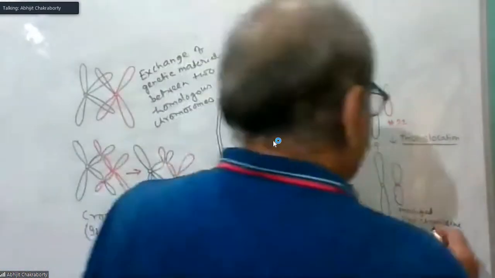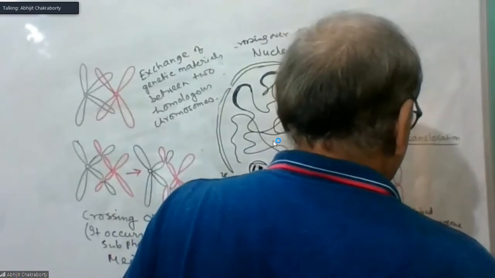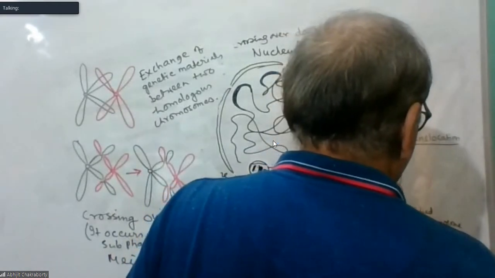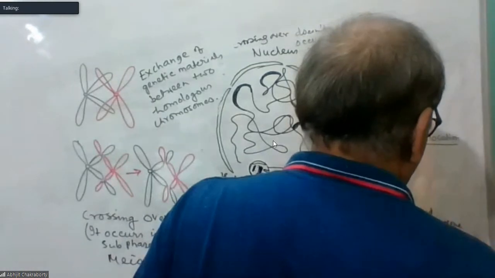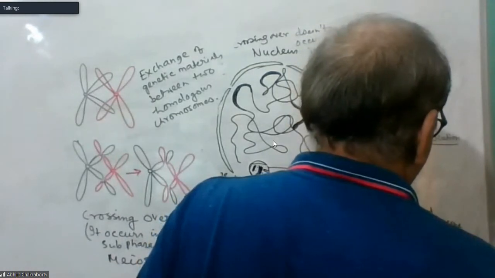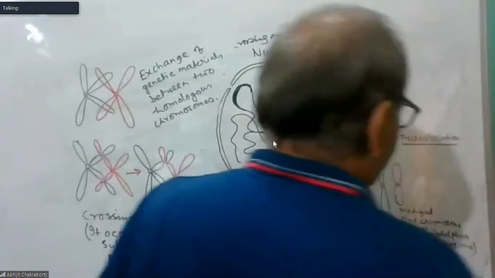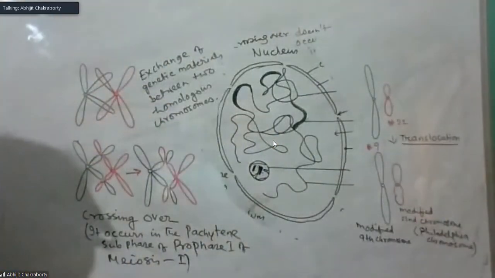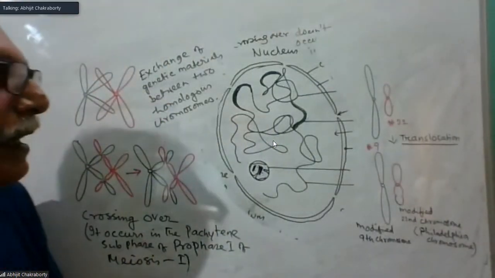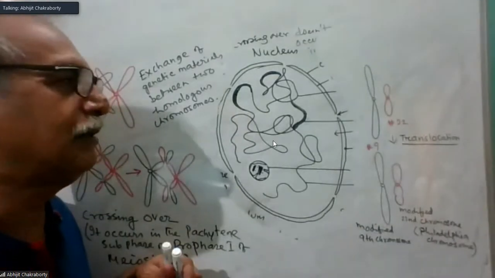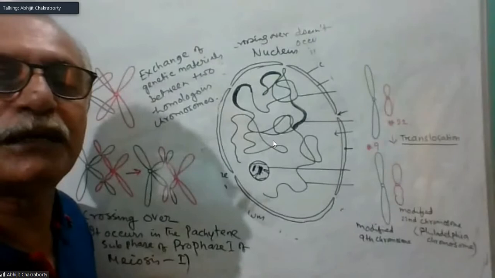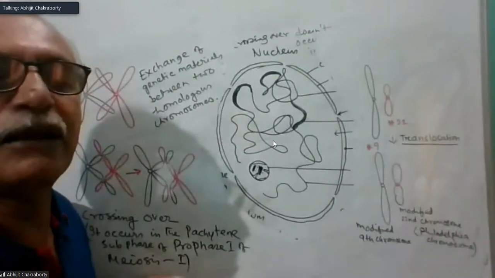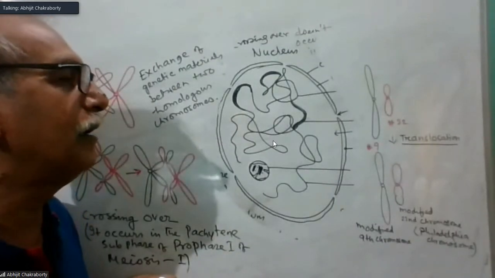And the modified 22nd chromosome is called the Philadelphia chromosome. Whenever exchange of genetic material takes place between the 9th and 22nd chromosome, a modified 22nd chromosome is formed after translocation, and it is called the Philadelphia chromosome.